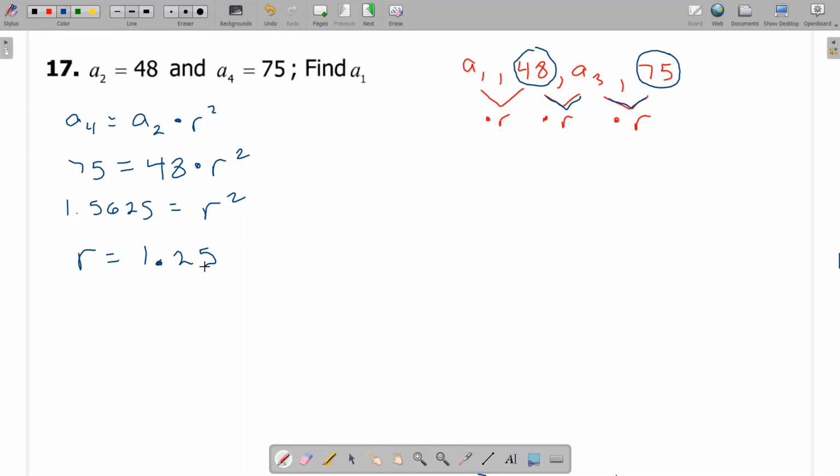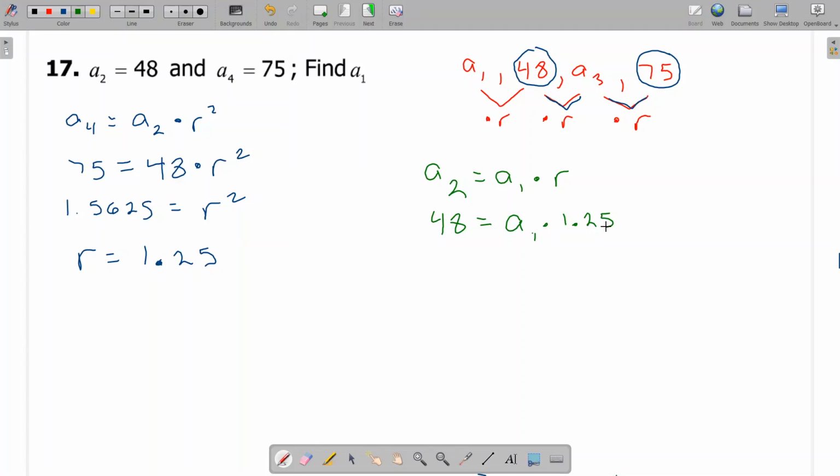So let's think about how that leads us to where we need to go. If I know my common ratio is 1.25, then we can go back and think that to get from a1, which is what we're looking for, to a2, it would have needed multiplied by this r value once. So a2 would be equal to the first term that we're looking for times r. Well, we know two of these unknowns. a2 we know is 48, and we know that r now is 1.25.